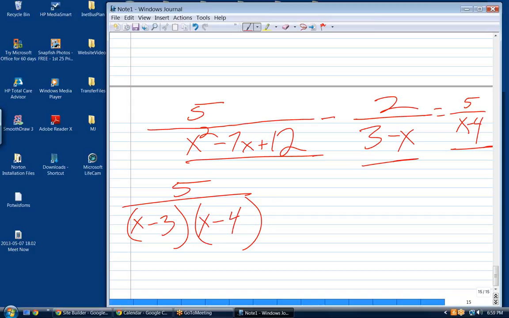Okay, now this isn't quite x minus 3. What do we have to do to make this x minus 3? Put a negative in front of the variable. Right. And a negative times a negative becomes a positive. So now I can write it like this.